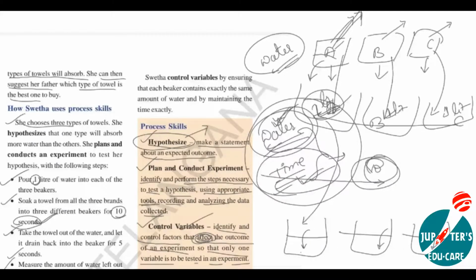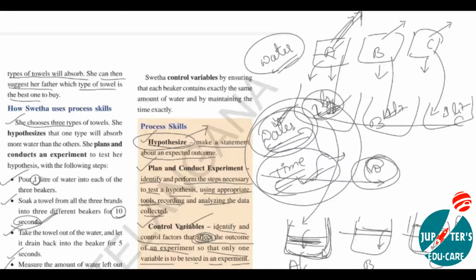By that you can understand, for example, whether towel A has more or less water. This is beaker A, beaker B, beaker C. If you observe these beakers after draining, we remove the towels from the beakers and then measure the water.